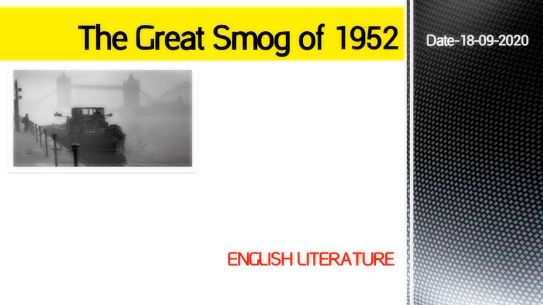In 5 days it is described in 5 stages: how it started, how it mixed with fog, and how it settled there. Here the author Christopher Klein wrote very nicely, so anyone can understand easily.